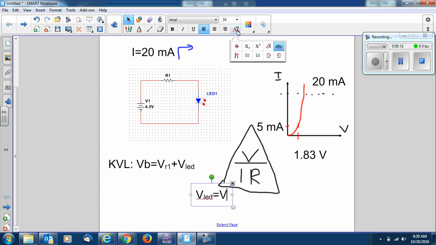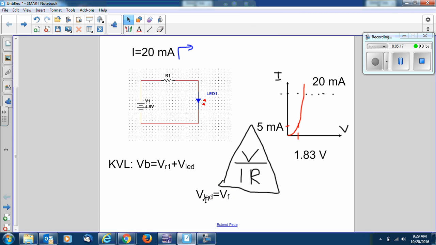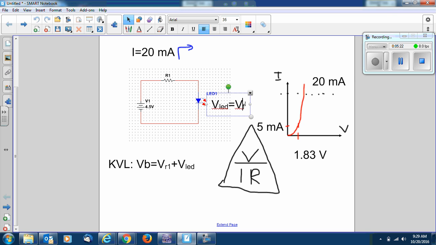Now, why is it forward voltage? Because we want it to be forward voltage. We want our LED to turn on. So we're just going to say the voltage we want this LED to have is 1.83 volts.